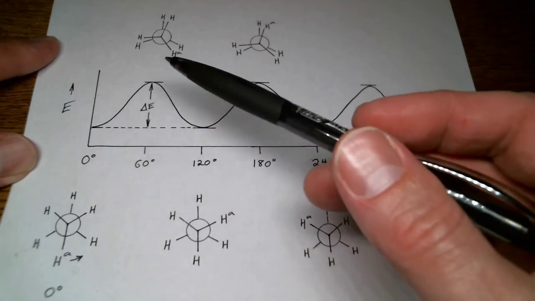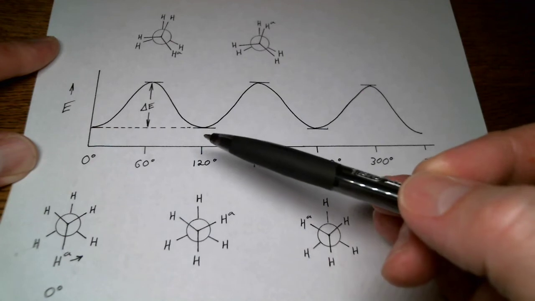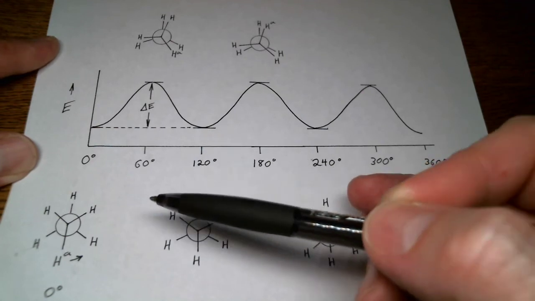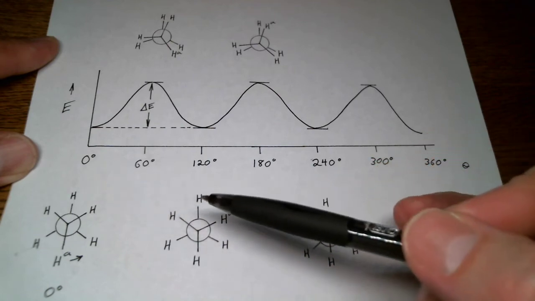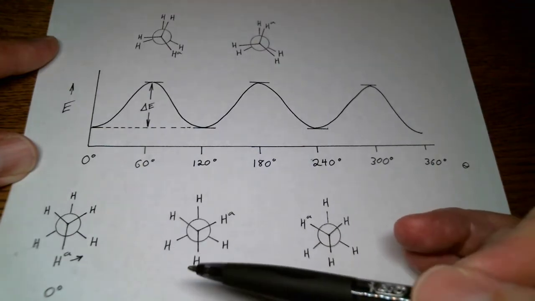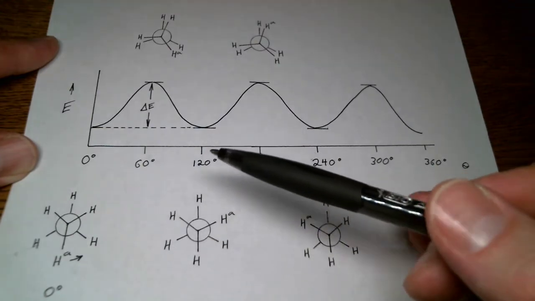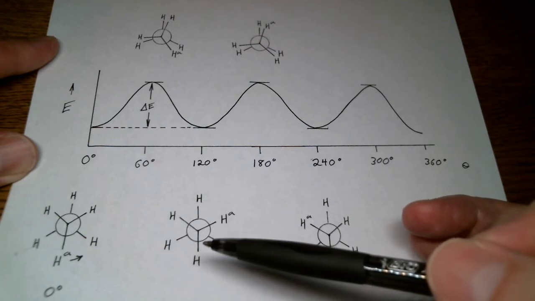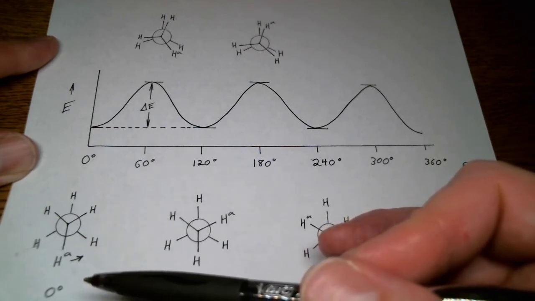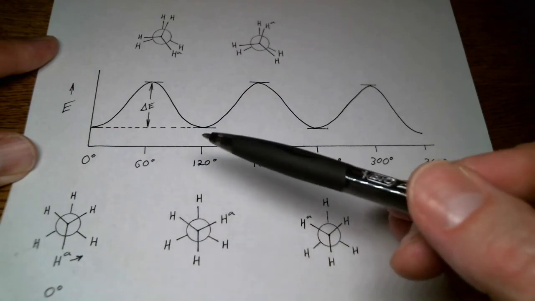Of course, if we rotate the front carbon another 60 degrees, so we get a net 120 degree rotation from our 0 degree starting point, now HA goes up and to the right, and we've reached another staggered conformation. You'll notice that this staggered conformation is energetically equivalent to the 0 degree staggered conformation that we started at.